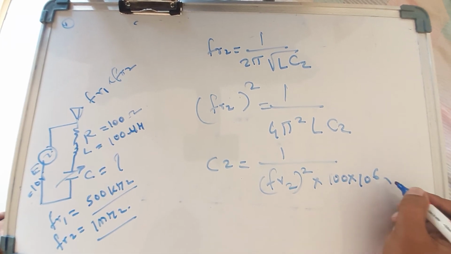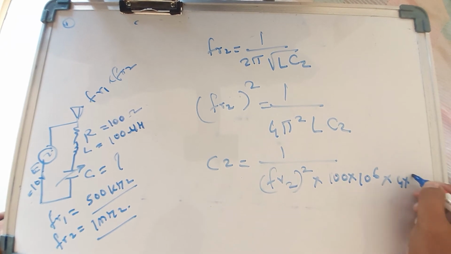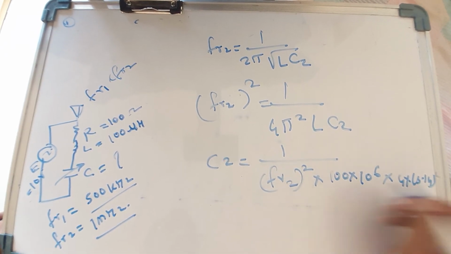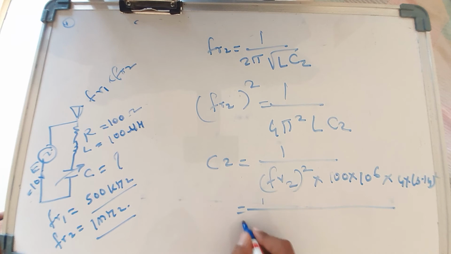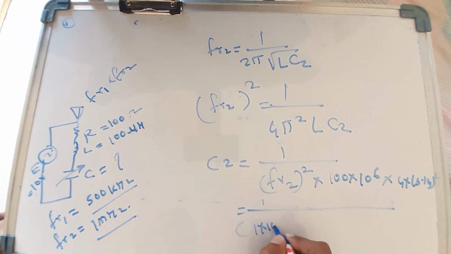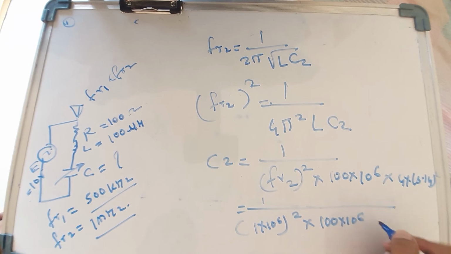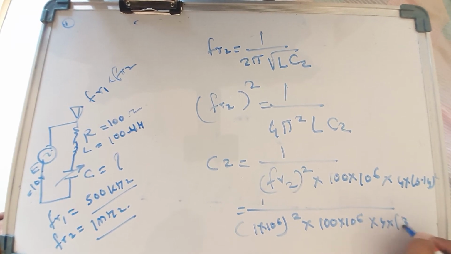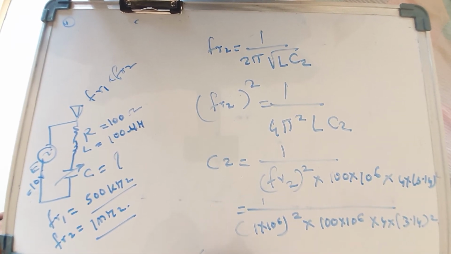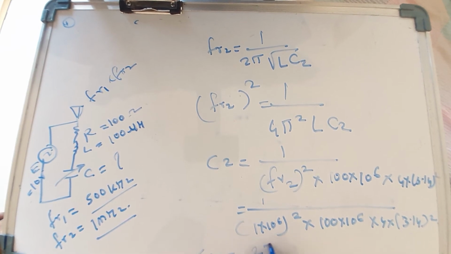Into 4 into 3.14 square. So Fr2 is 1 into 10 raised to 6, square, into 100 into 10 raised to minus 6 into 4 into 3.14 square. So C2 value is 253 picofarad.